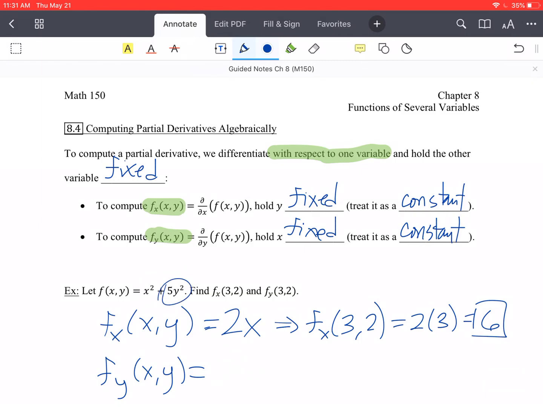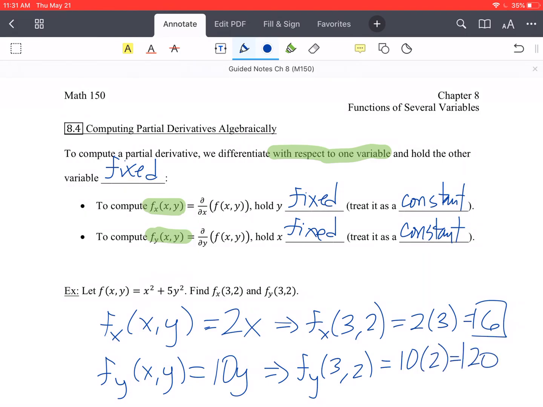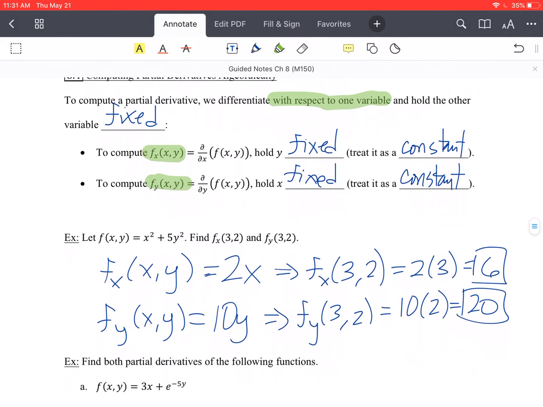The derivative of that with respect to y is just treated as normal. Bring down the 2, so that's just 10y to the first. Then the partial at (3, 2), y is 2, so that's 10 times 2, which is 20. So that's our partial derivative with respect to x and with respect to y.